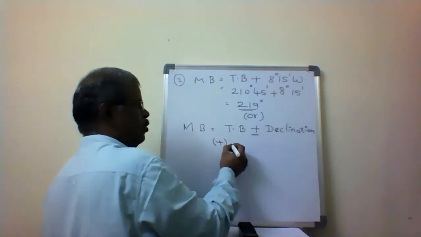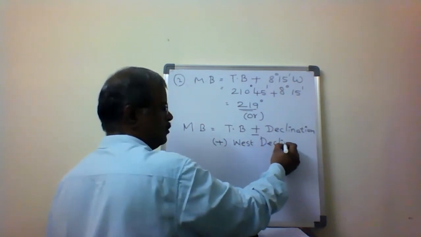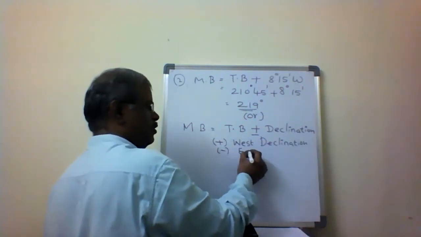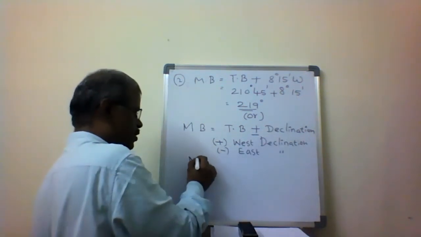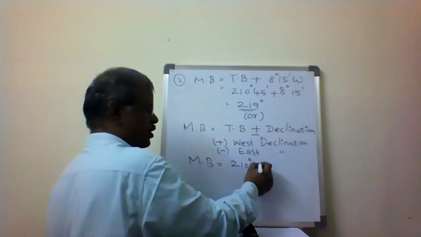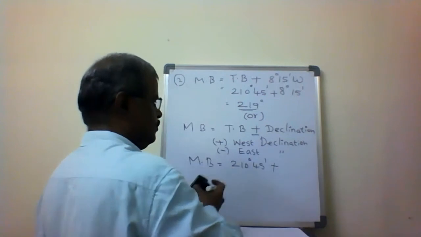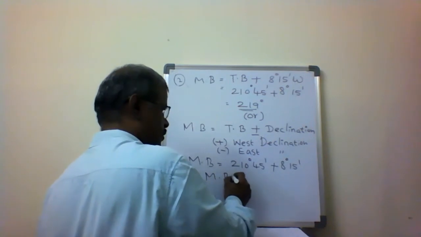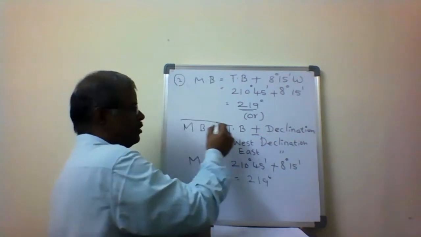Positive is used for west declination, and negative is used for east declination. Now, magnetic bearing equals true bearing, 210 degrees 45 minutes, plus 8 degrees 15 minutes. So the magnetic bearing is 219 degrees.